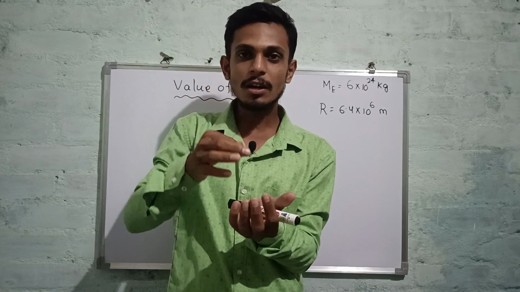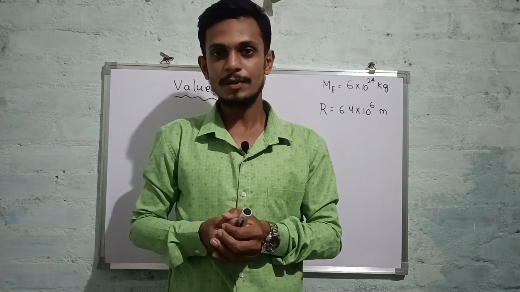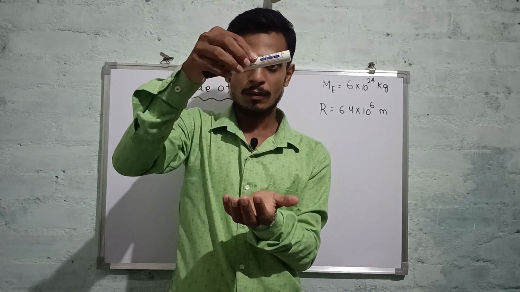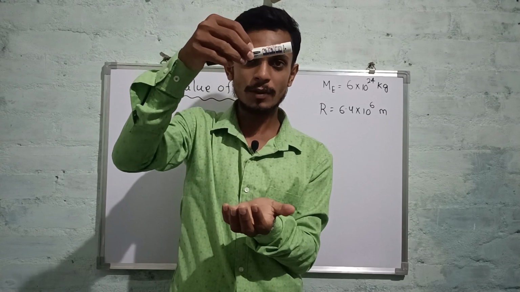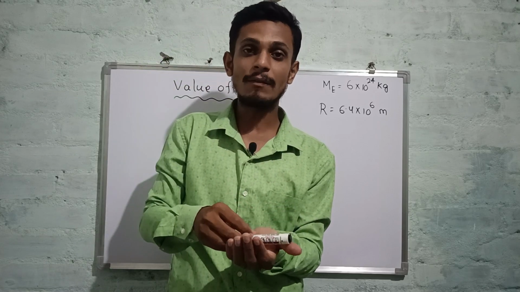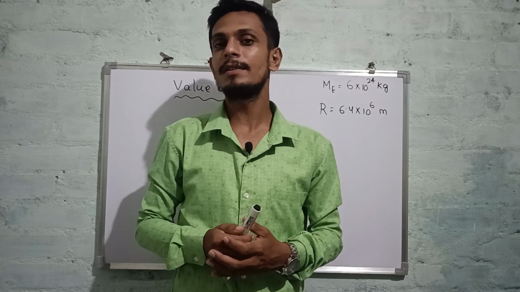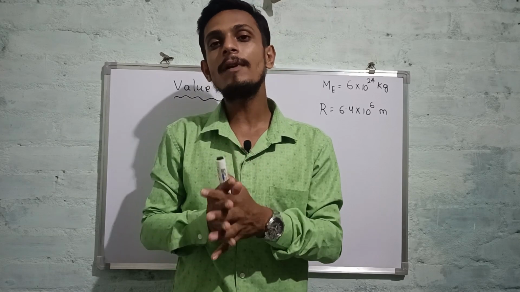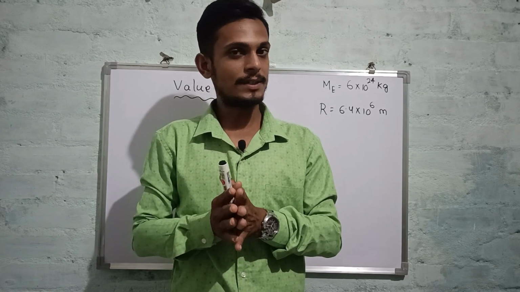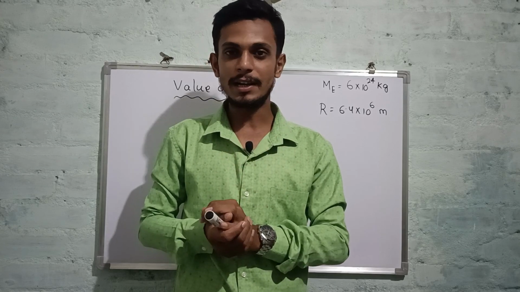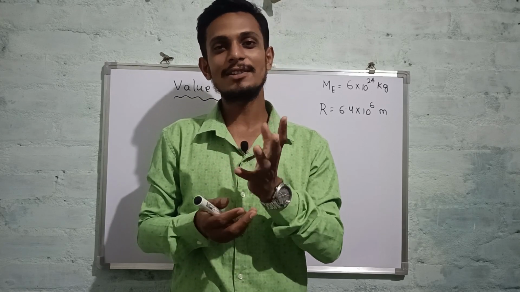So this is called free fall. So what is the acceleration of that object when it freely falls under the gravity towards the center of the earth? It is 9.8 meter per second square. So the value of g is approximately 9.8 meter per second square.